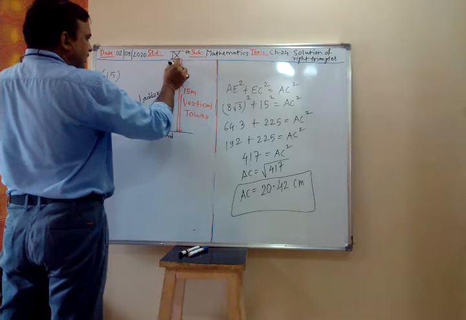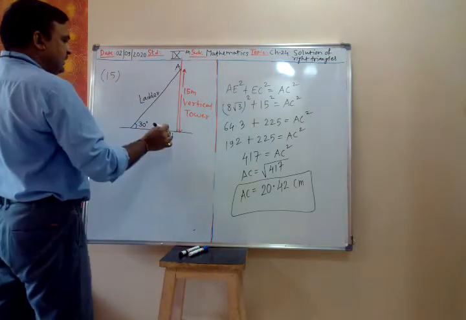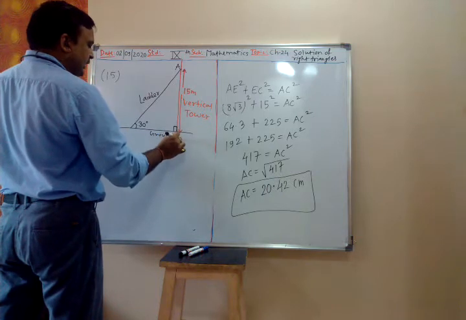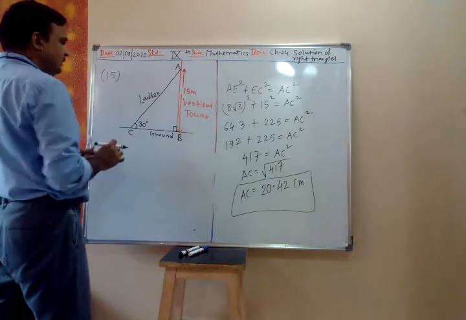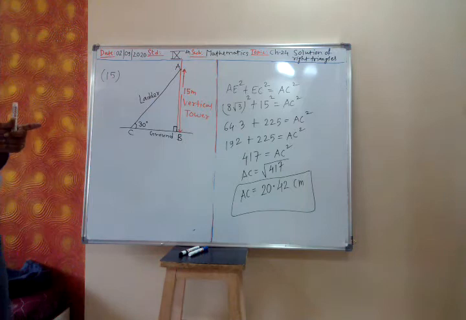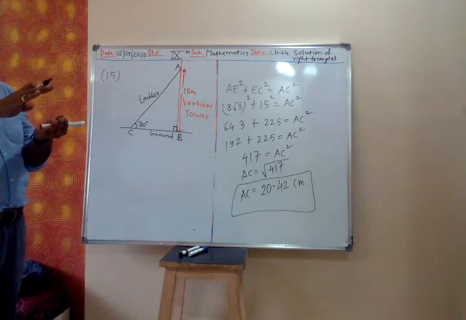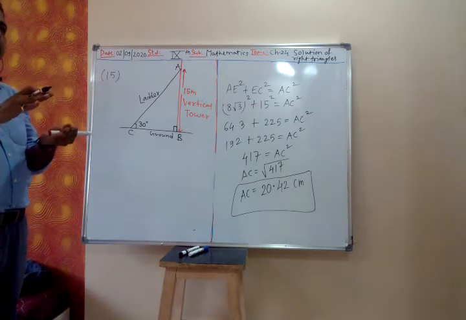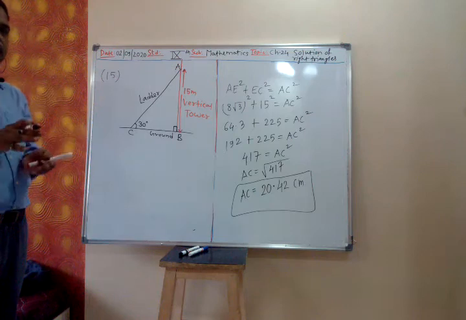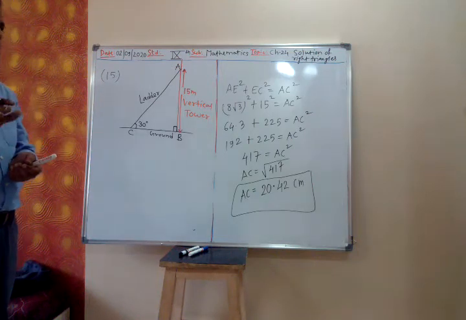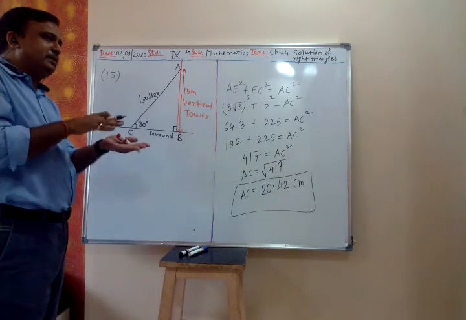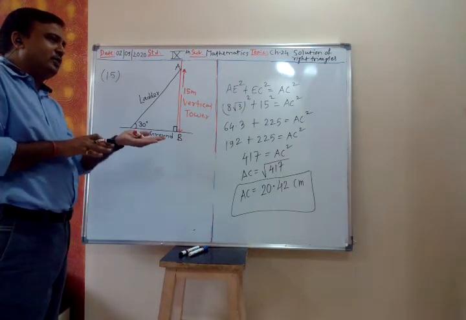So let me name this as A, and this is perpendicular. A, B, C. You have always seen the buildings which are erected on the ground, they are always perpendicular on the ground. If it is not 90 degree, then the building may collapse. So the building is always perpendicularly erected on the ground.